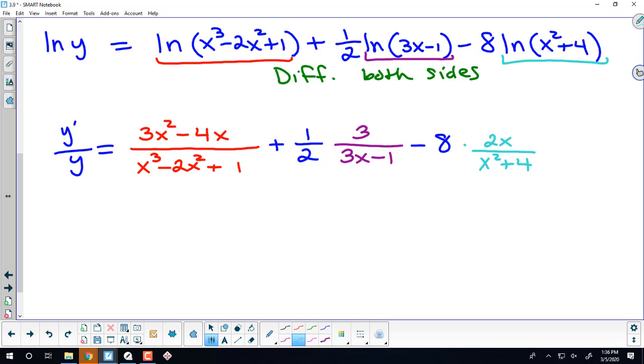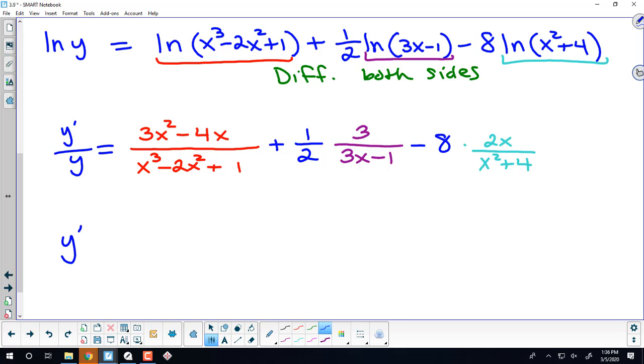So yeah, it looks kind of sloppy because we've got something gnarly plus something else, and then we've got to multiply all of that by the original function. But it's a lot more efficient to do this than product rule, quotient rule, chain rule, et cetera. And then we'll solve for y prime.